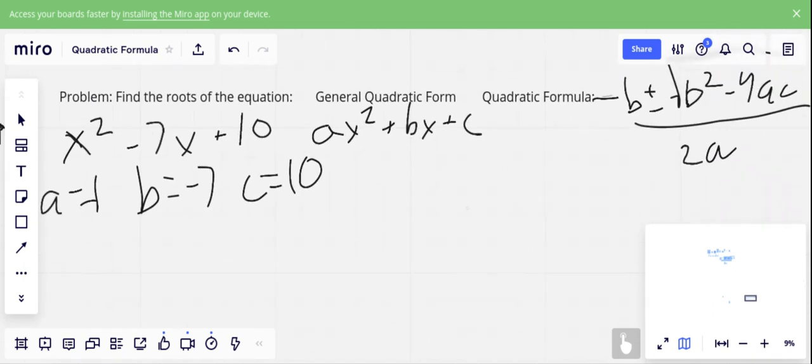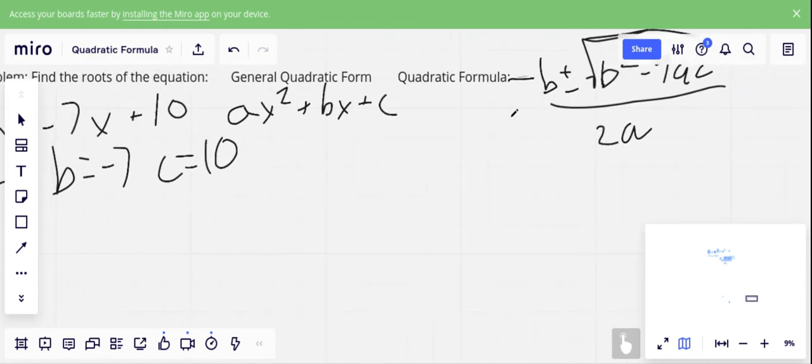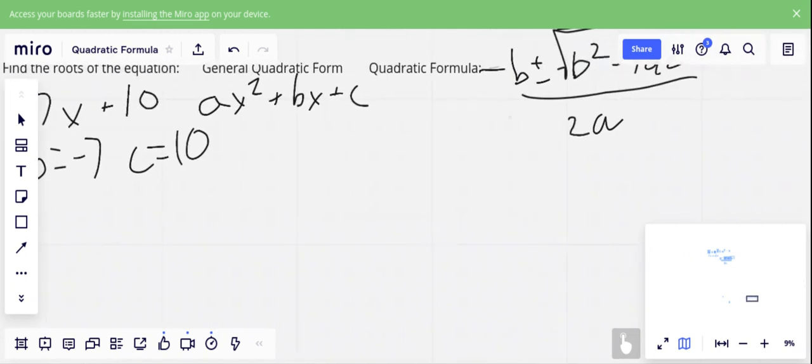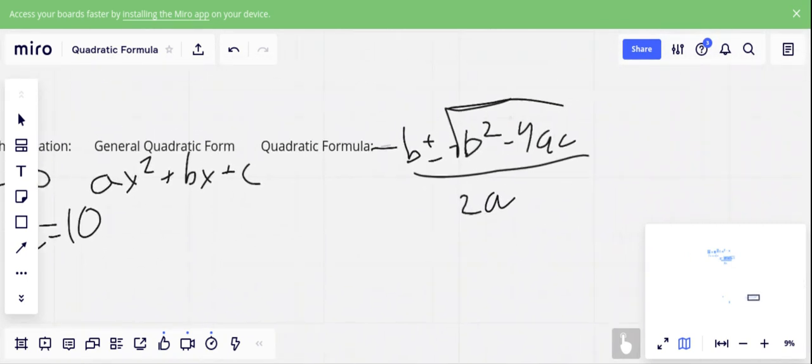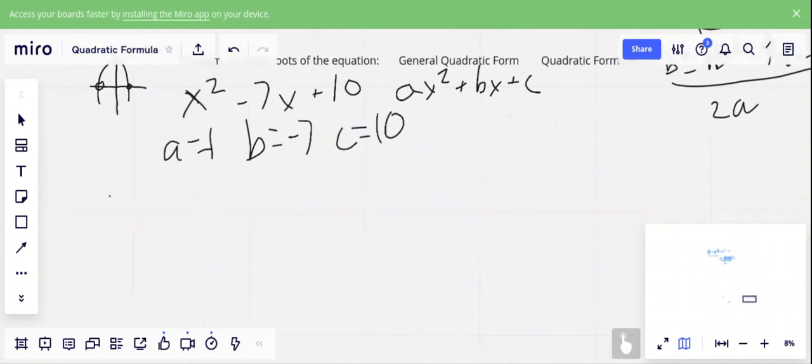So now what's next is to plug the a, b, and c values, 1, negative 7, and 10, into this quadratic formula. The quadratic formula, again, is minus b plus or minus the square root of b squared minus 4ac over 2a. So let's plug it in.